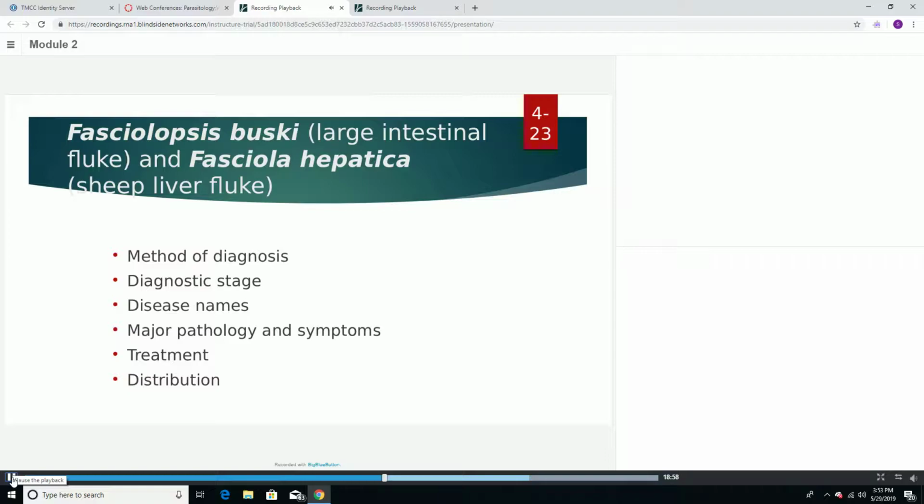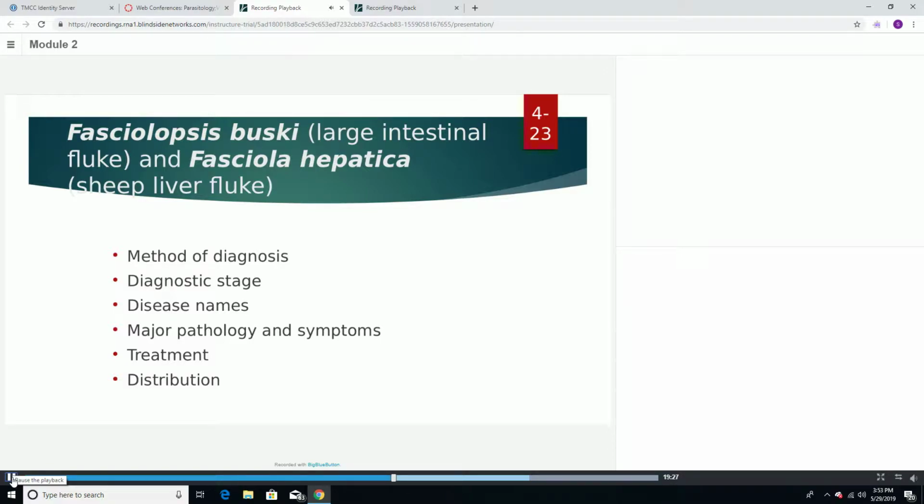The diagnostic stage here is going to be the egg, and the egg is similar for both species, so we'll get into that in the next slide. We're going to recover the egg from feces. Eggs of these two species are too similar to differentiate. Species diagnosis depends on clinical symptoms, travel history, and recovery of the adult Fasciolopsis organism.